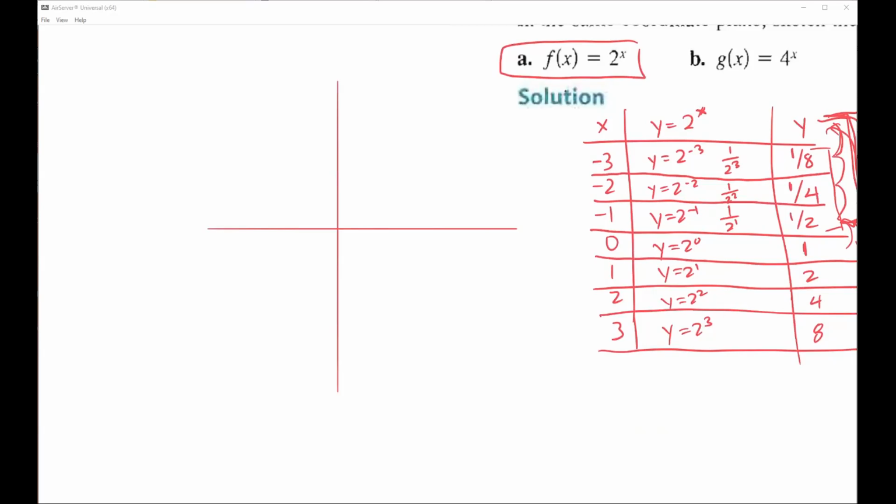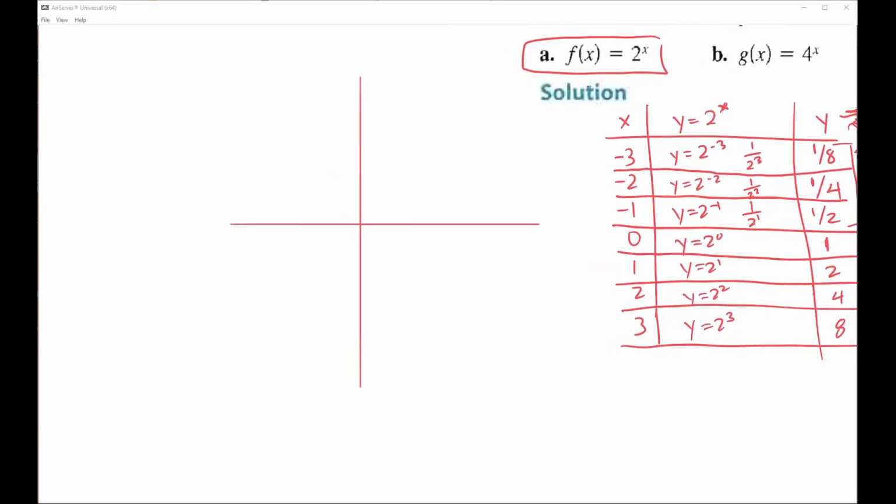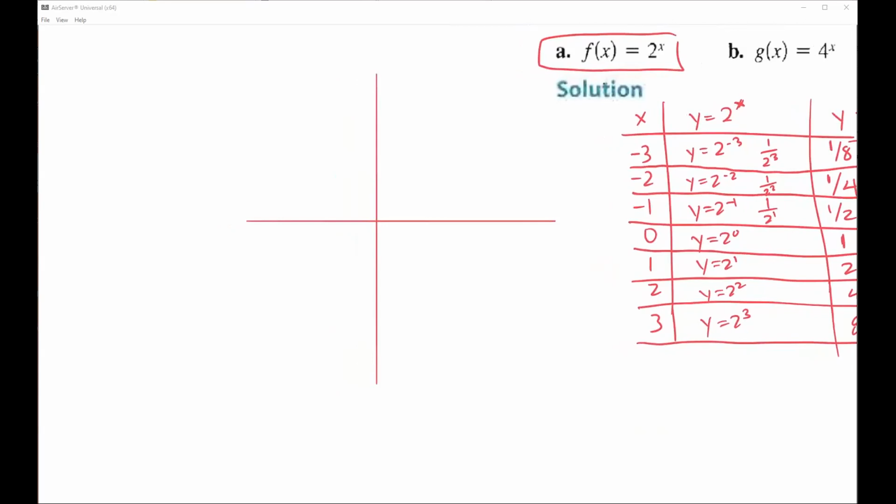All right, here we go. So let's graph this thing right here. We have negative 3, 1, 2, 3. Can you guys graph these points? 1/8 is right here. And then 2 and 1/4 will be right here.